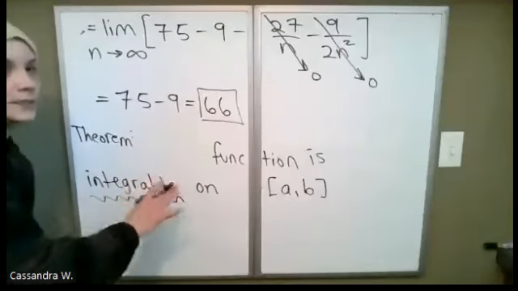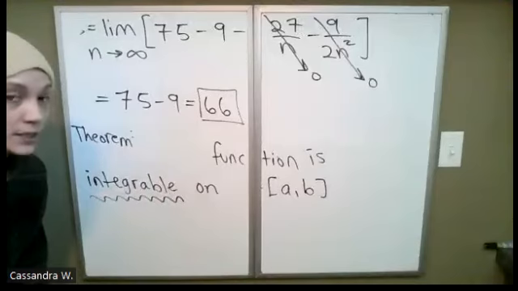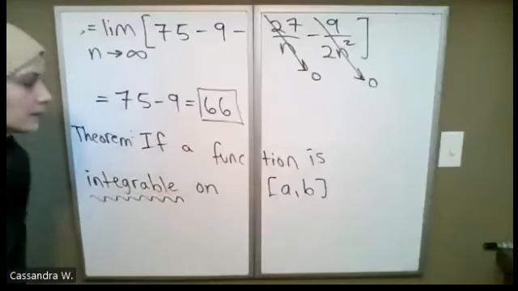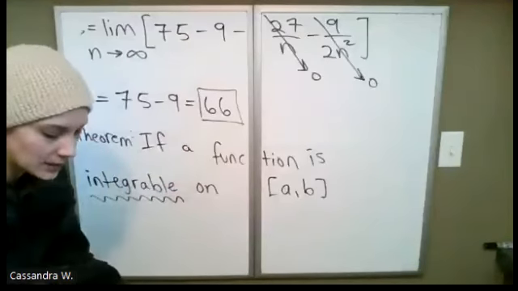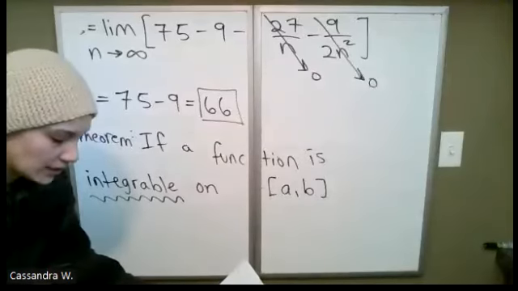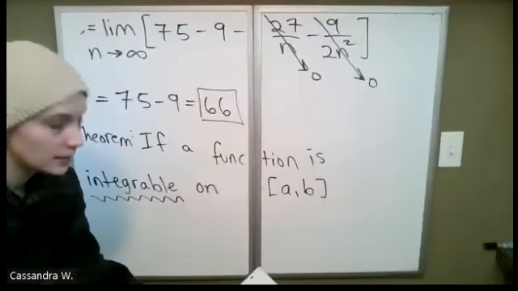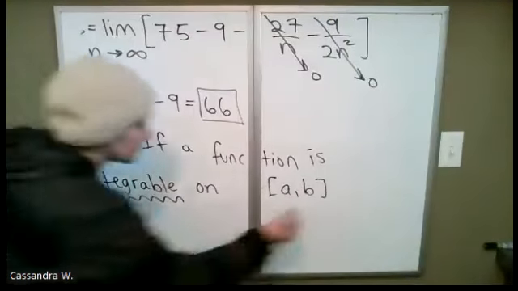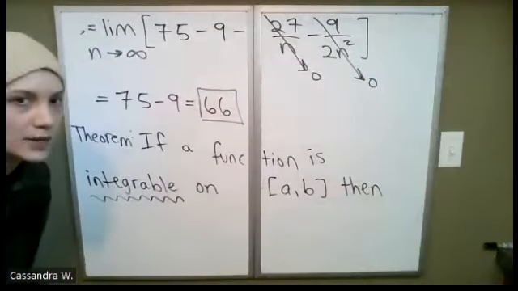And then it says if a function is integrable, then I'm pretty sure what they're trying to say is that limit does exist and you can find the integral. So you can integrate from a to b, find the integral of your function from a to b, by getting the value of the limit.